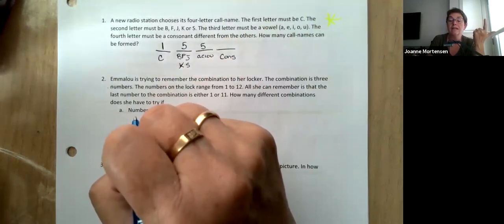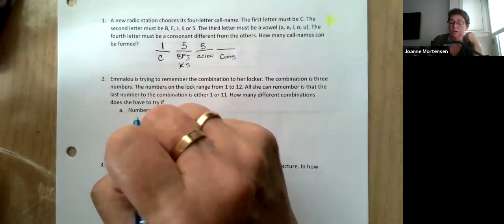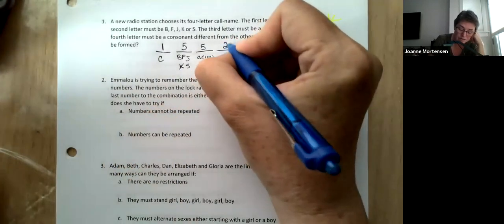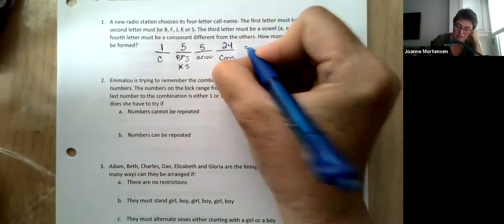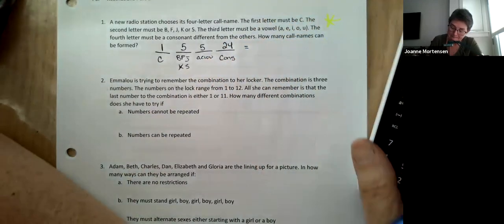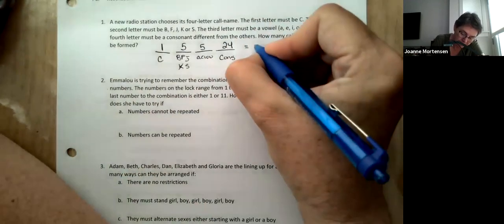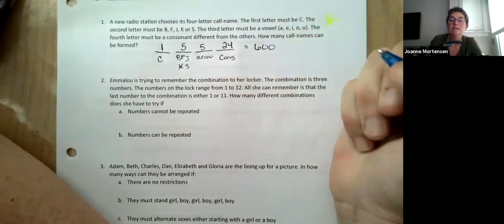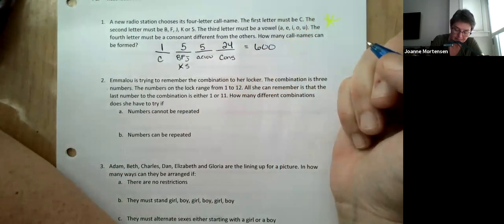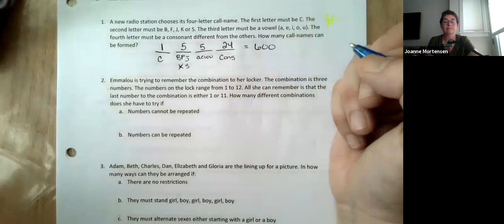So in the alphabet, there are 26 letters, and we've used up 2, which should leave us with 24 choices. So that's going to be 25,600 different call names that can be formed. And there we go.